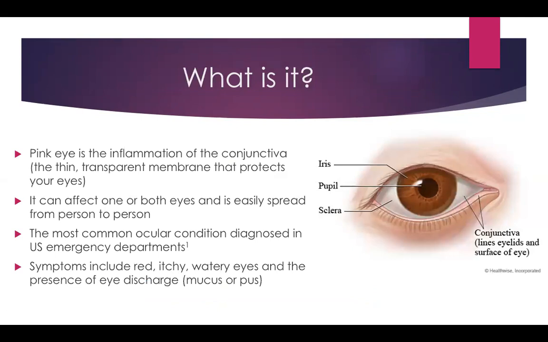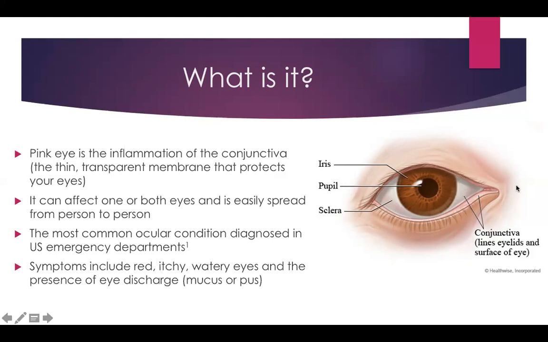According to the CDC, conjunctivitis occurs when the conjunctiva of the eye becomes inflamed due to an infection or an irritant. The conjunctiva is a thin membrane in the corner of your eye that typically protects the eye from irritants or foreign bodies.